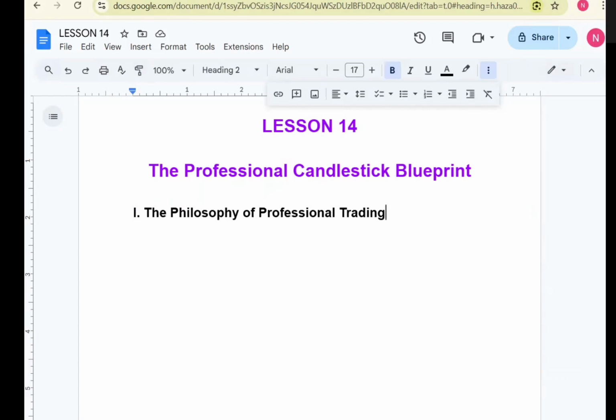But in the VIP Nova community, we treat a candlestick as a letter of intent. It tells us what the market wants to do, but we only enter when the market proves it. That's why I always remind you to wait for the confirmation candle to appear after any pattern appears on your trading chart.